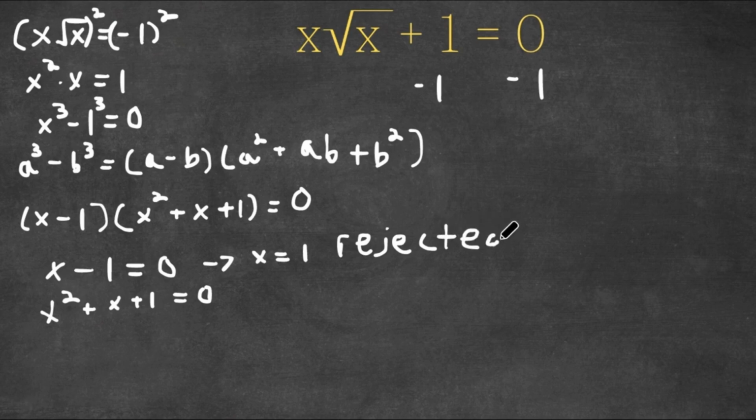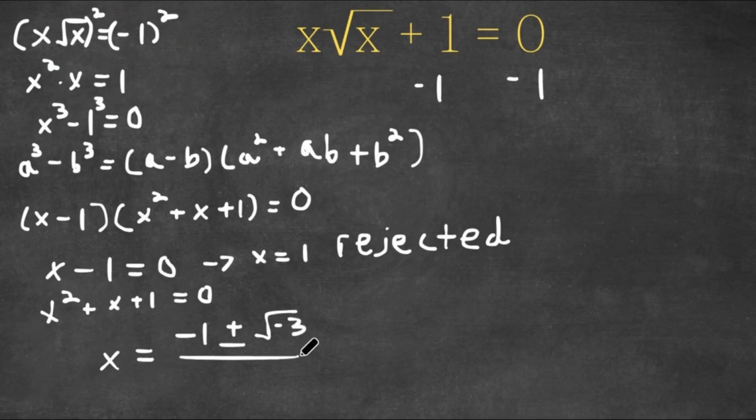So now let's try our second equation. To solve this, we need to plug it into the quadratic formula. I'm not going to waste your time by plugging it all in; we simply get -1 plus or minus the square root of -3 over 2.